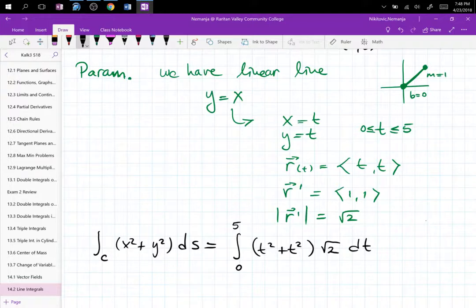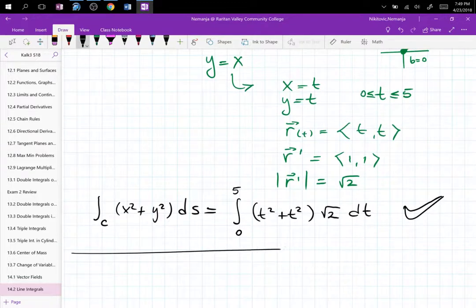So one more time, your x is equal to t, your y is equal to t, so x squared is t squared, y squared is t squared again, r prime magnitude is root 2, and you have this. So that's 2t squared, kick out 2 root 2, integrate t squared, plug in the limits, and you are done. So here you get the Nike symbol over here, and you know what that means when you review your notes. So do that part.